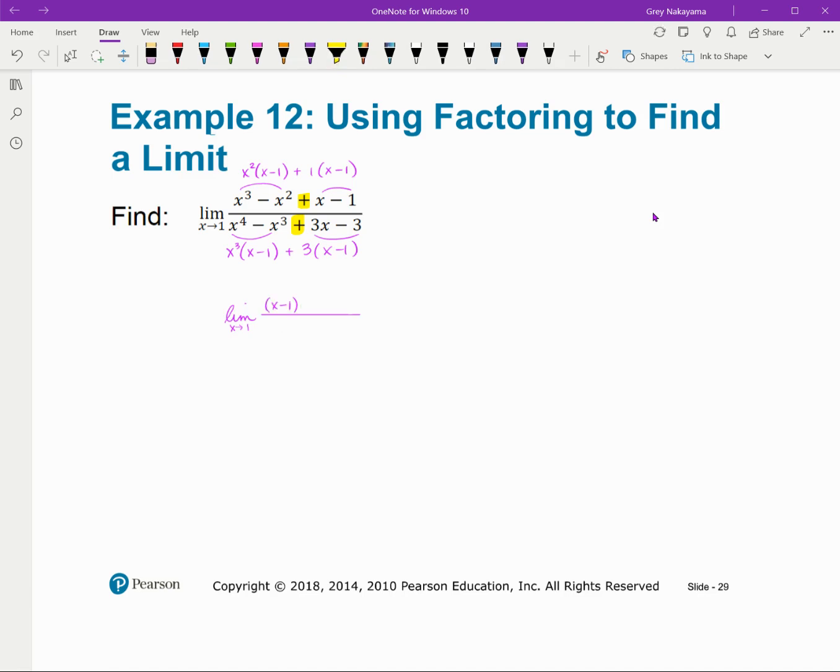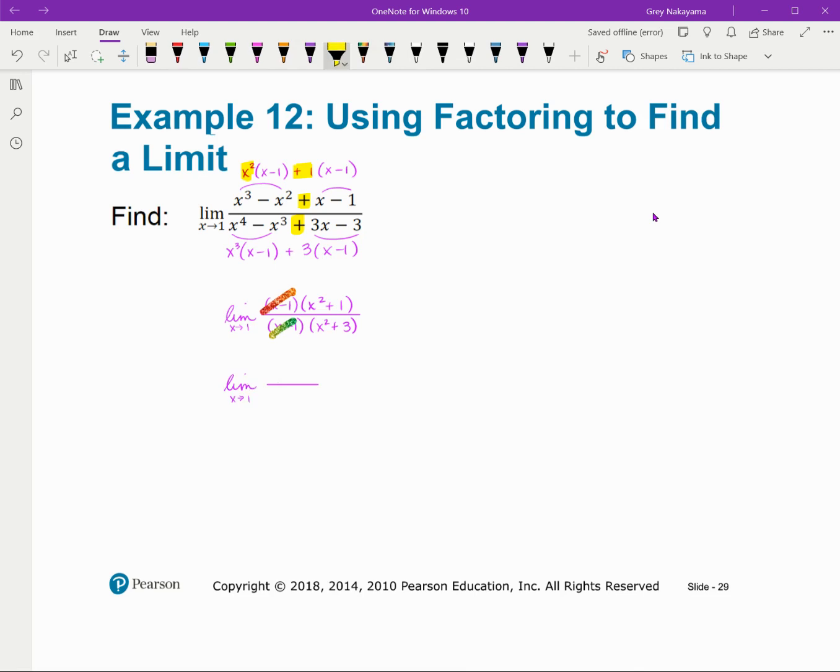And what's left is x squared plus 1. Okay, this is what's left here when I take out the x minus 1. And on the bottom, again, I have x minus 1, and I'm going to be left with x cubed plus 3. So if you look at that, these two are the same factor, so I can get rid of them.